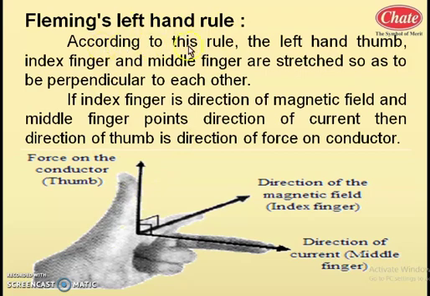So what is this rule? According to this rule, the left hand thumb, index finger (the first finger) and middle finger are stretched so as to be perpendicular to each other, like the X, Y, Z directions as shown in the diagram.